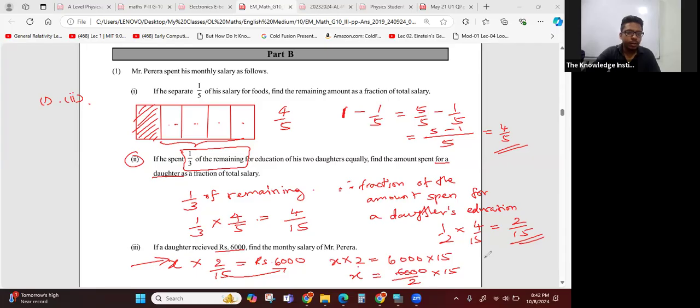Therefore we get X equals 3,000 into 15. So X equals 3 into 15, which is 45. Therefore 45,000 will be Mr. Pereira's salary. You must put the unit, rupees. 45,000 rupees.